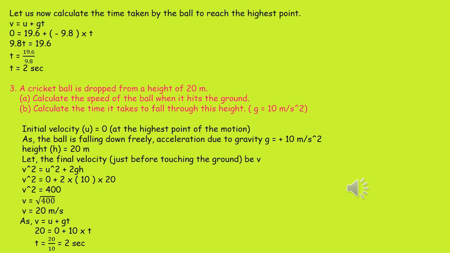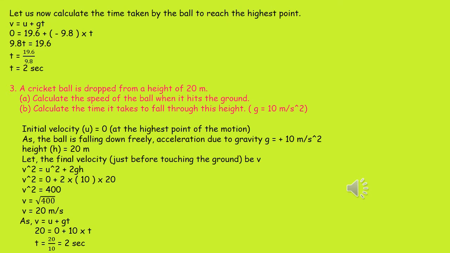So, instead of u, we are writing 19.6, plus small g value is negative because the body is moving up, minus 9.8 into t. t is the time. When we are simplifying, we are bringing minus 9.8 t on the other side, it becomes plus 9.8 t is equal to 19.6. So, t is equal to 19.6 by 9.8. So, time is equal to 2 seconds.